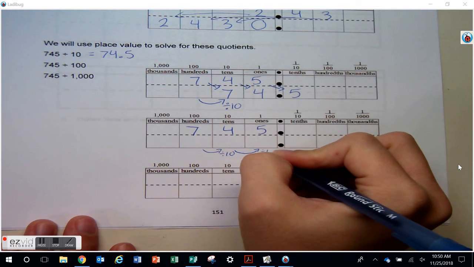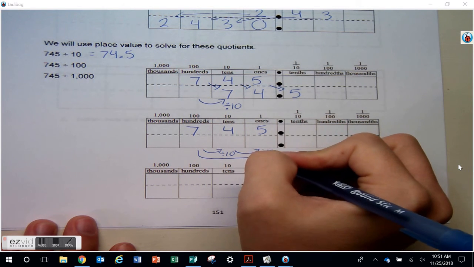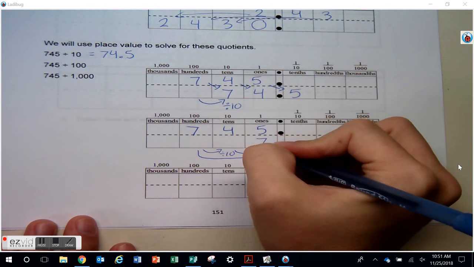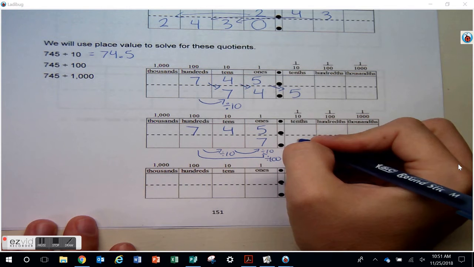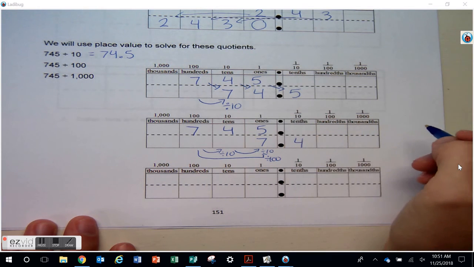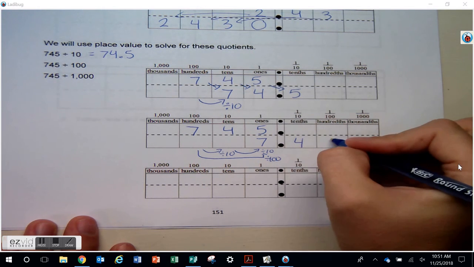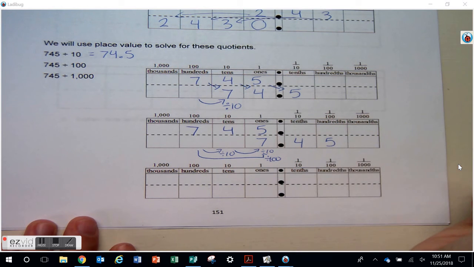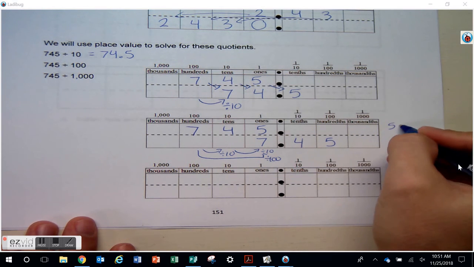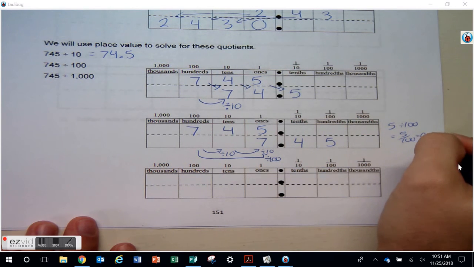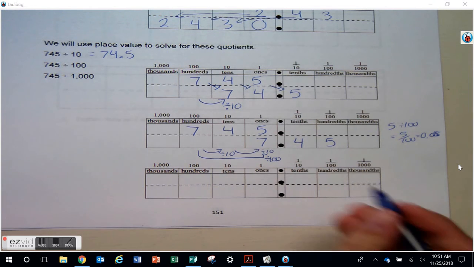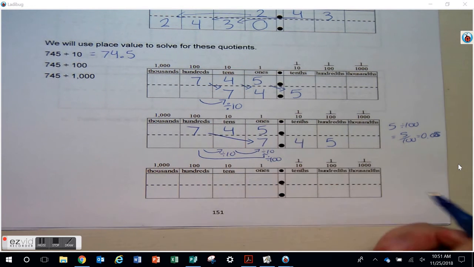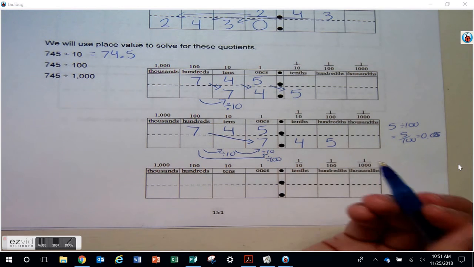So 700 divided by 100 is 7. 4 tens divided by 100 is 4 tenths. 5 ones divided by 100 is 5 hundredths. Okay, here again I divided by 100, and this time I moved 2 place values. That was 7 and 45 hundredths as my final quotient.